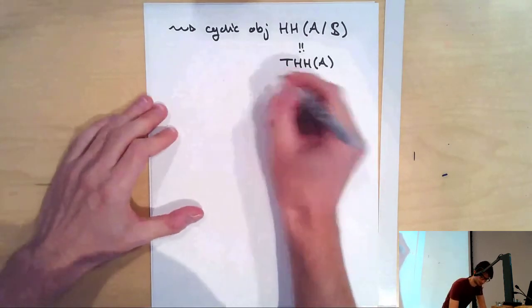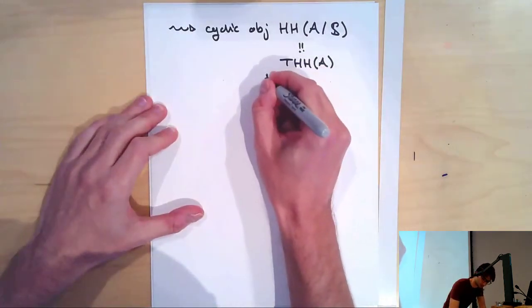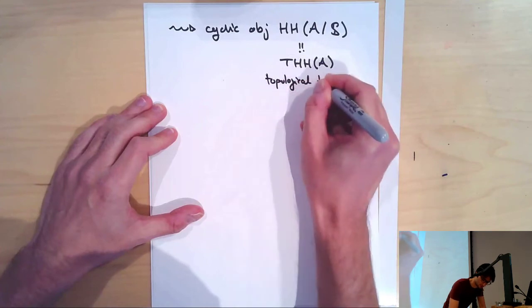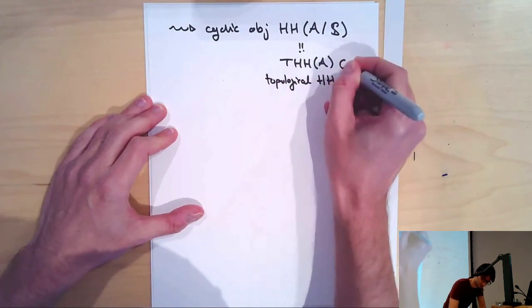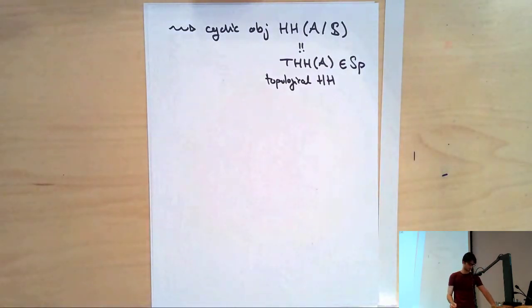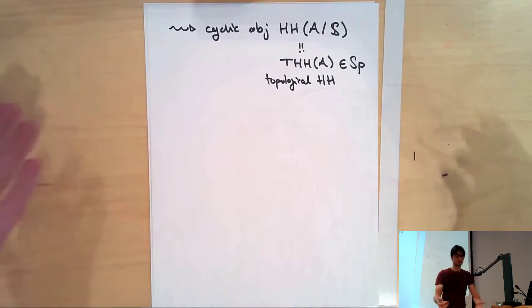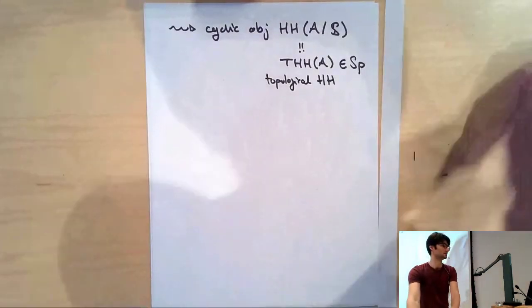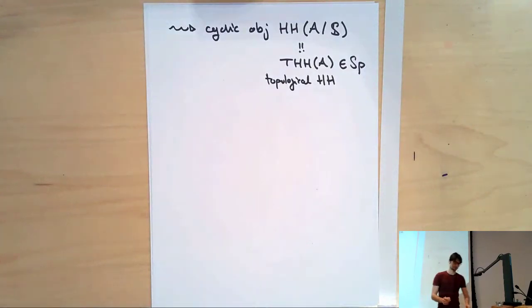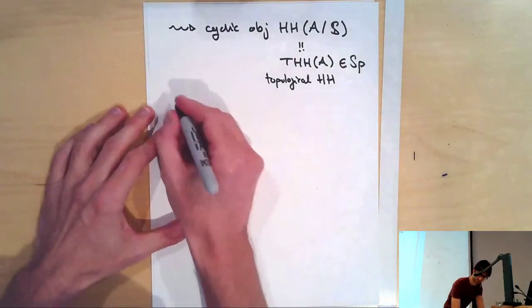And this, well, it should be clear from the notation, this is our topological Hochschild homology. So this is living in this world of spectra. And then I can repeat these formulae that we had for negative cyclic homology and periodic cyclic homology in this context.